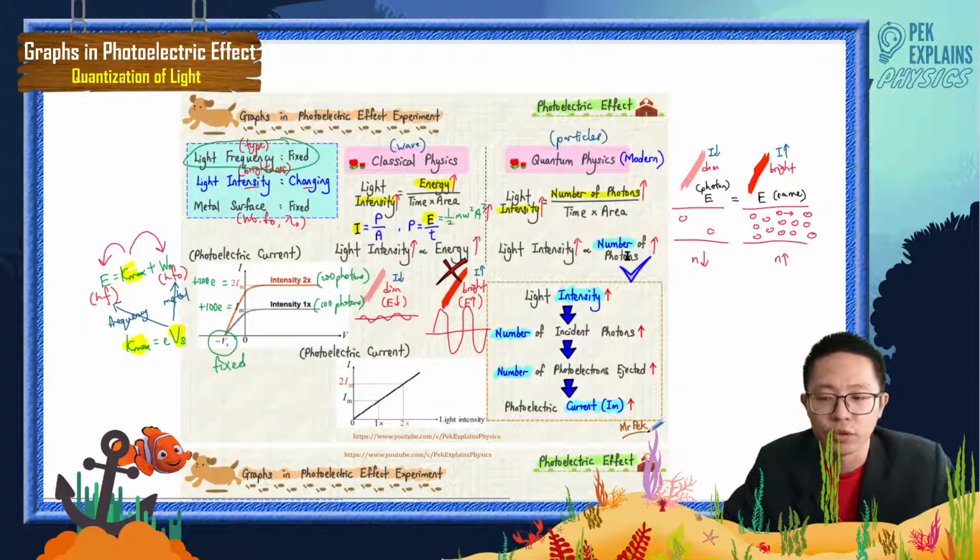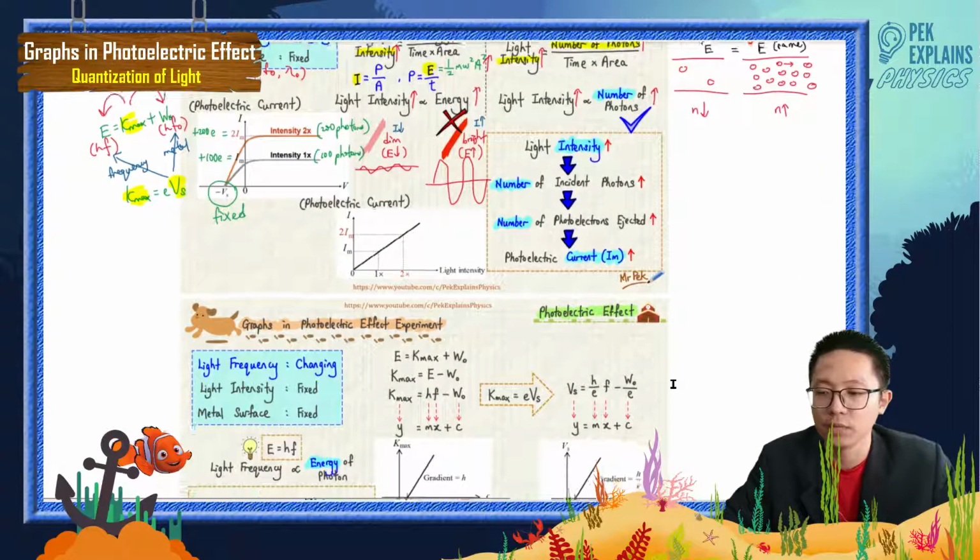More photons coming means more electrons will be ejected, and the galvanometer will show more current because more electrons flow in the circuit. Thank you, and let's move on to the next video.